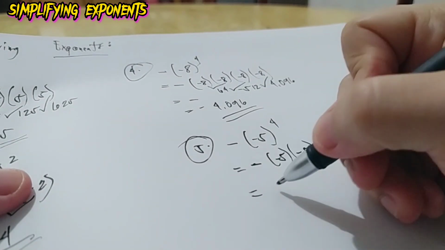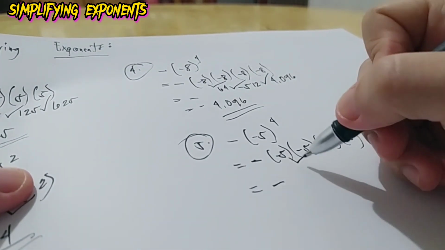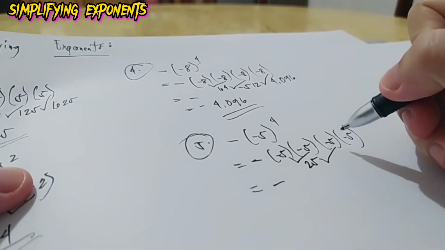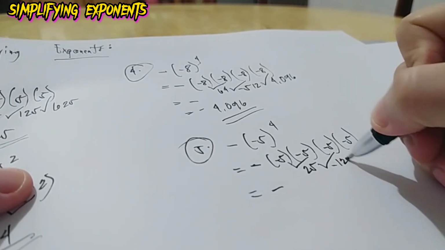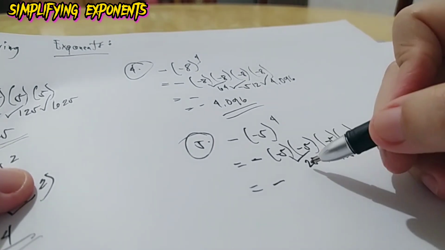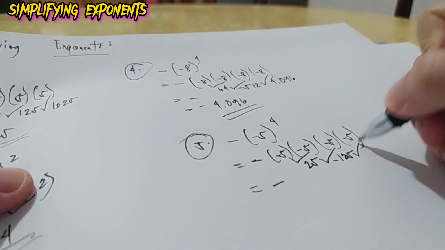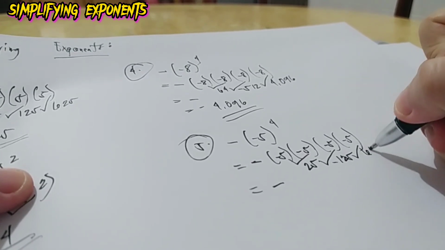And then copy again that negative sign. And simply multiply negative 5 times negative 5 is positive 25. Now, positive 25 times negative 5 is negative 125. Negative cause positive and negative. So, negative 125 times negative 5 is positive 625.